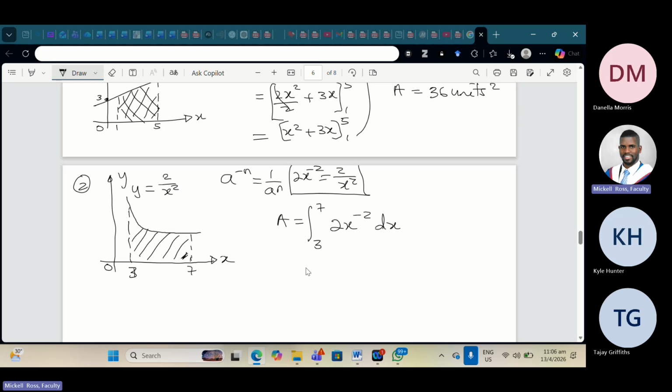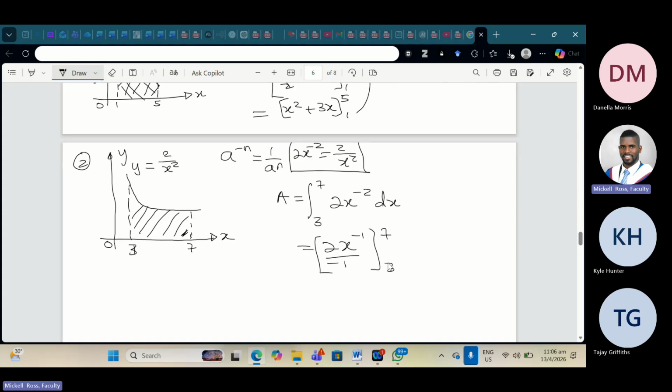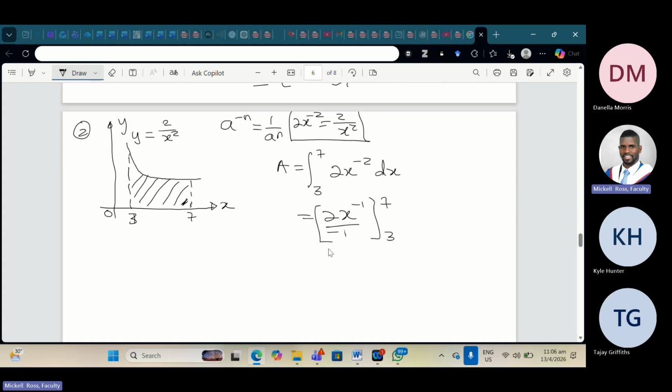Now, we integrate as is, so it's 2x to the negative 1 divided by negative 1, and we're going from 3 to 7. Anything divided by negative 1 is going to be a negative, so we're going to have negative 2x to the negative 1, from 3 to 7.